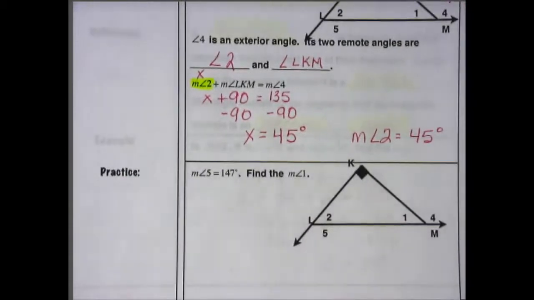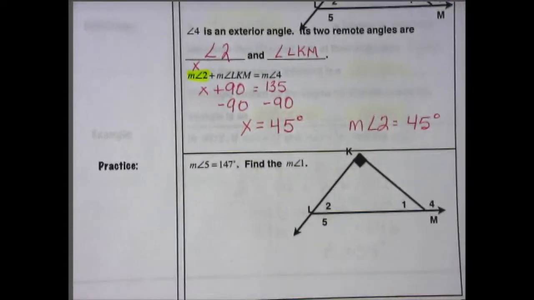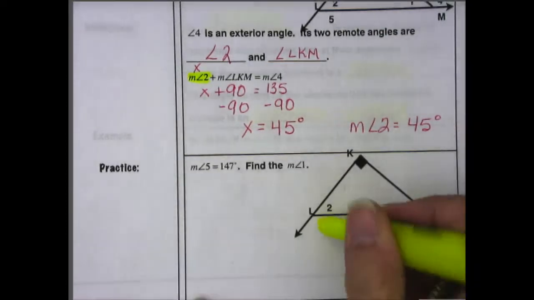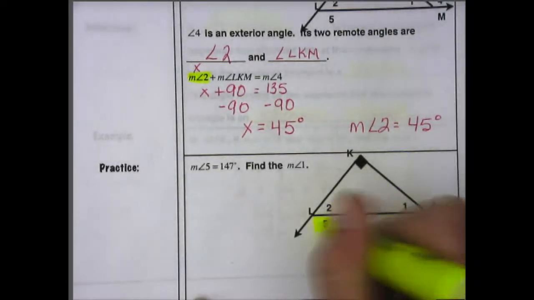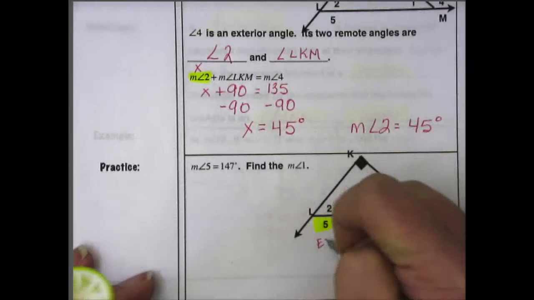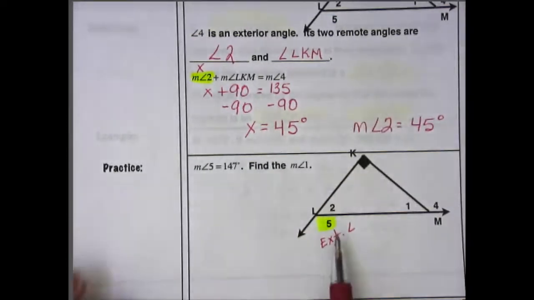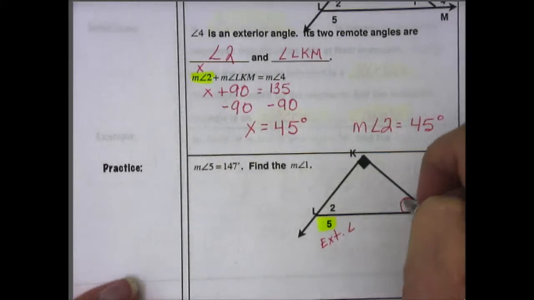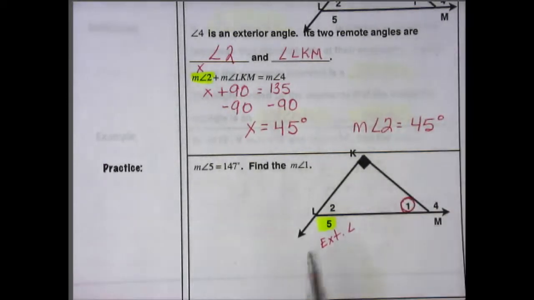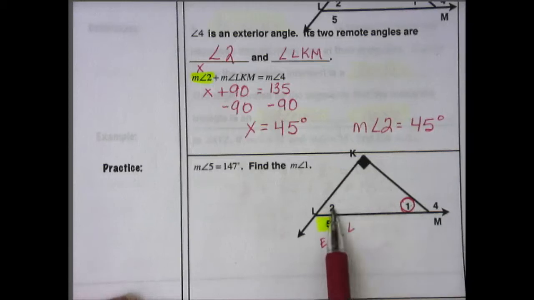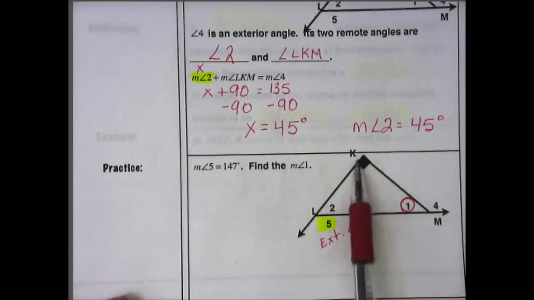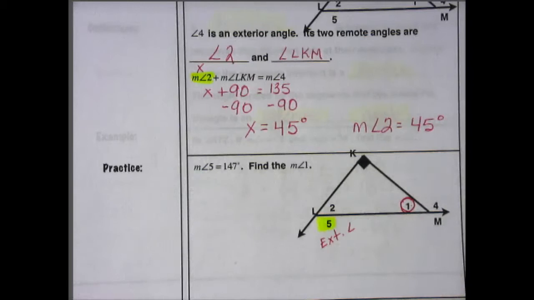So let's take a look at the practice problem. It says the measure of angle 5 equals 147 degrees. So here's 5. And we know that 5 is an exterior angle. So angle 5 is an exterior angle, and it wants us to find the measure of angle 1. So the first thing I want you to do is think to yourself, what are the two remote interior angles to angle 5? There are 3 interior angles, 1, 2, and LKM, or K, whichever one you want to call it.